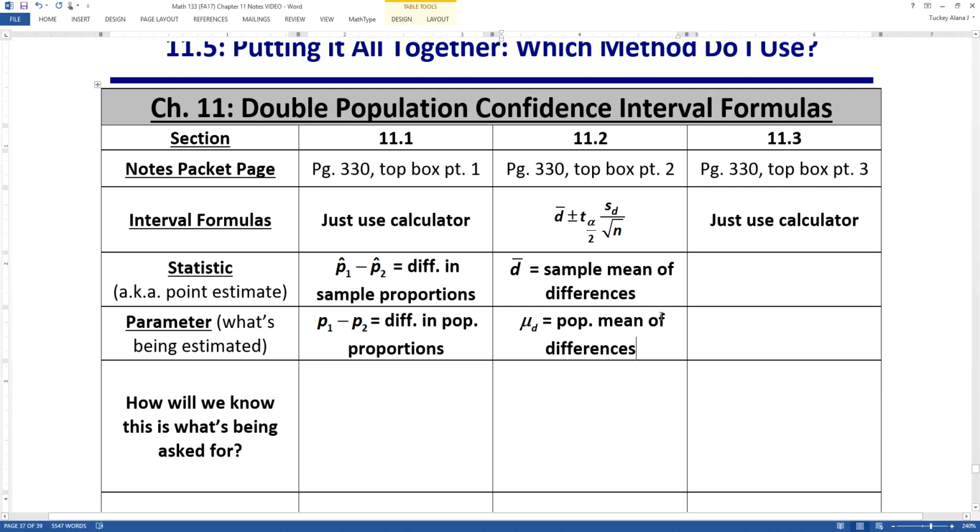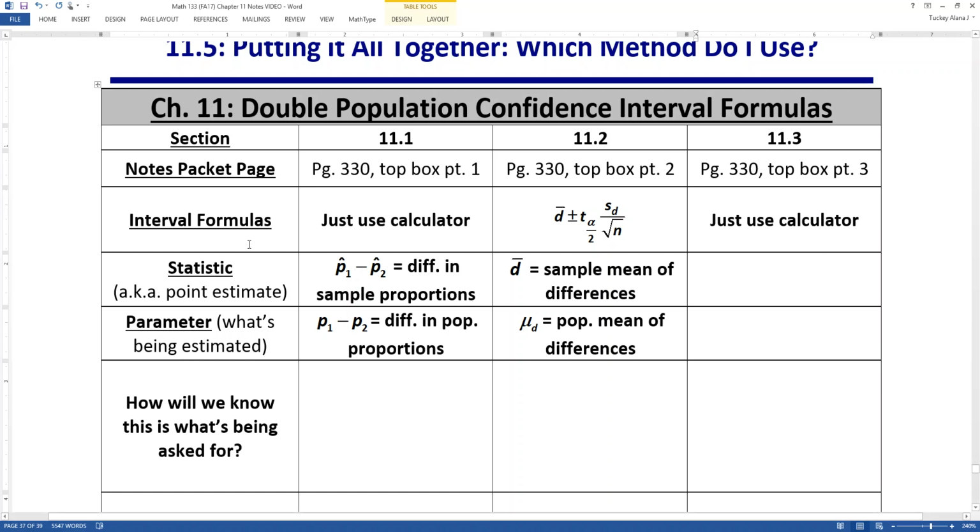Now remember that the second one in particular works a lot like chapter 10, because they're matched pairs, you're able to find the difference values, and the difference values are what you're doing the hypothesis test on. So you find a column of all the differences, and from that you find your standard deviation, sd, and your d bar, which is your sample mean of those differences, and you use those to gauge where you think the population mean of all differences of this type would be.